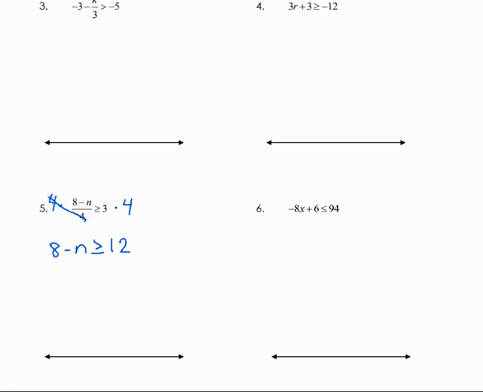Now that that denominator is gone, I can get rid of the 8. However, is it a positive or a negative 8 right now? Positive. So to undo that positive, we subtract 8. Don't forget, you're left with a negative n. And 12 minus 8 is 4.